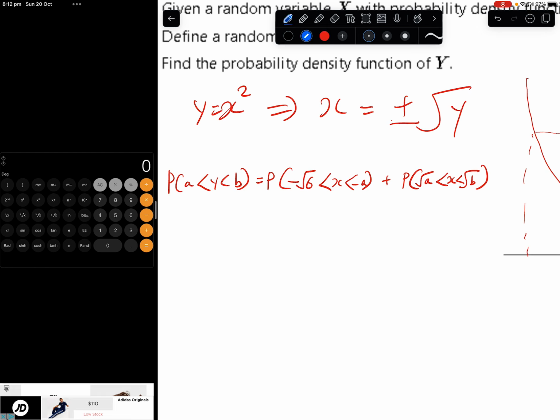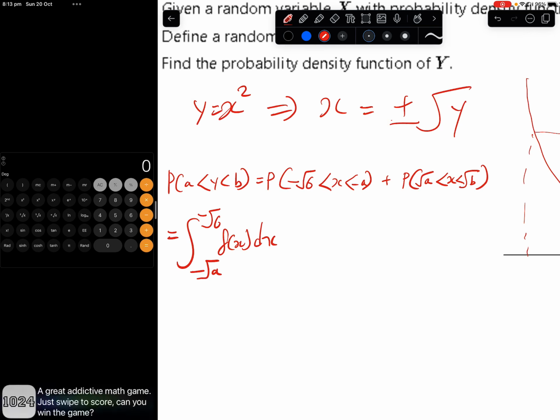Here we use the integral. The key here is to remember that both the positive and the negative square root contribute to the probability density function of each value of y.